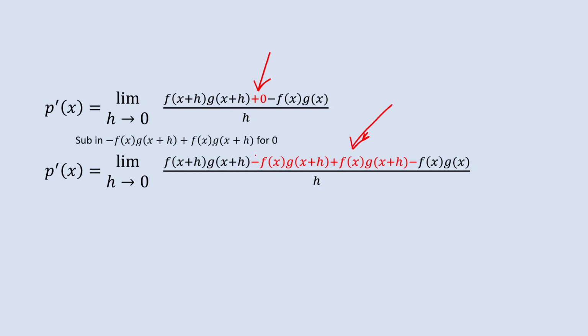Specifically, the 0 will be negative f of x g of x plus h plus f of x g of x plus h. If you add this red part that I've just indicated, they cancel each other out and it's a 0. And you might ask, well, why are we going to add that? You'll see as we continue on in later steps. We do it because it's going to help us prove this.